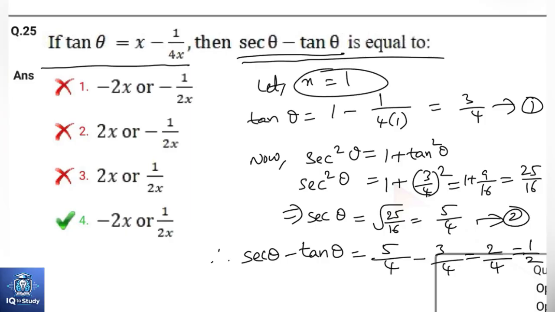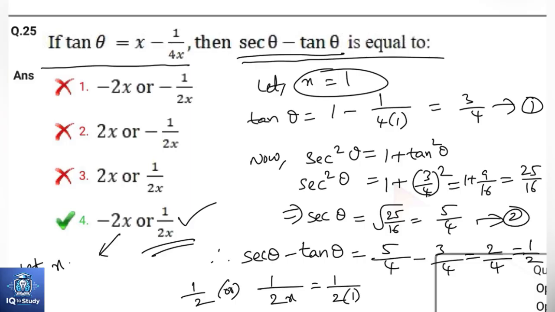Since we took x is equal to 1, check with the options. We can write 1 by 2 as 1 by 2x, which is equal to 1 by 2 into 1. It means 1 by 2x, option 4. If we take x is equal to minus 1, then we get minus 2x.